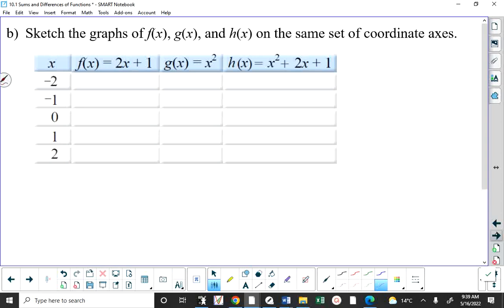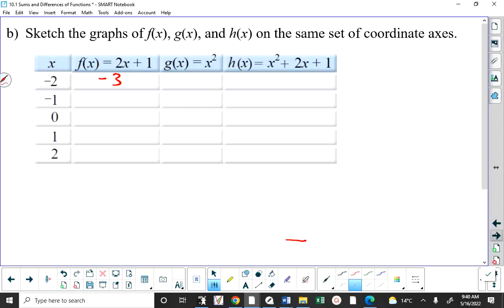So if I put -2 in for x, and my goodness, I'm not going to write out the substitution for all 15 of these blanks. I'm going to get -2 times 2 plus 1, which I believe is -3, but I want you working along beside me, figuratively speaking, and double checking my arithmetic. Okay.